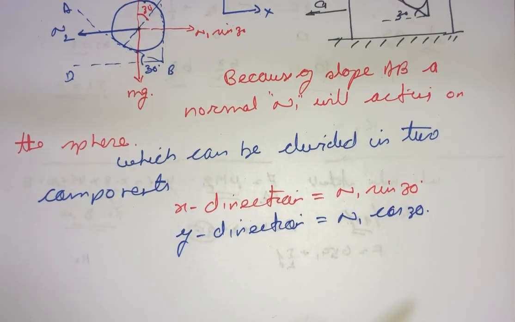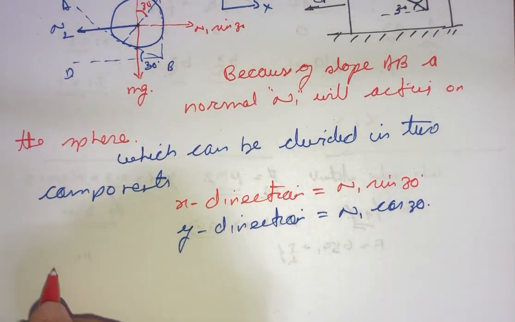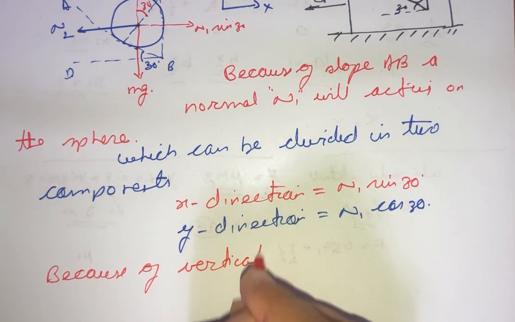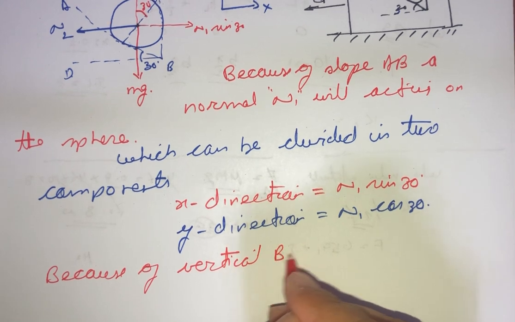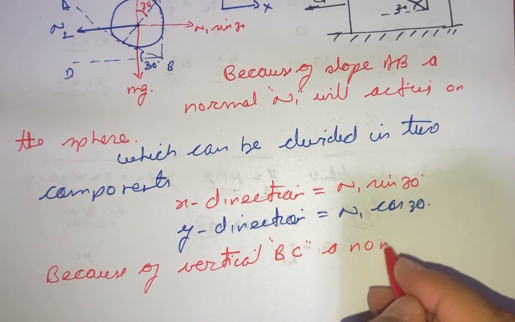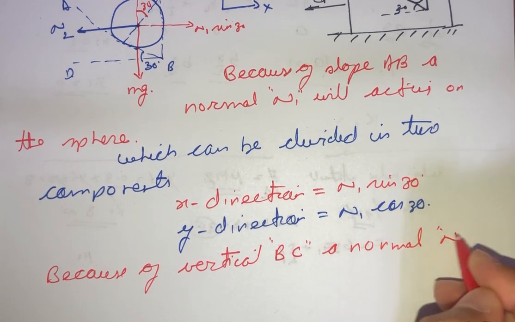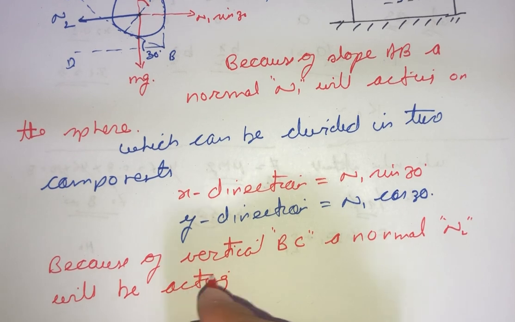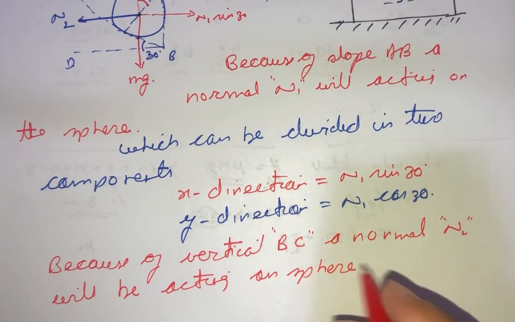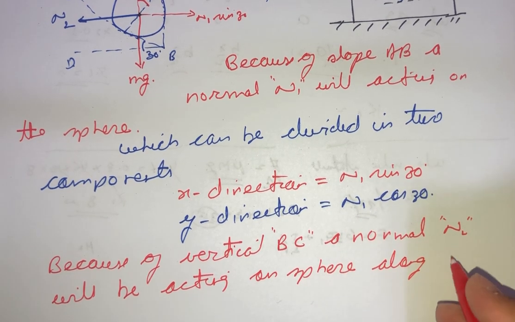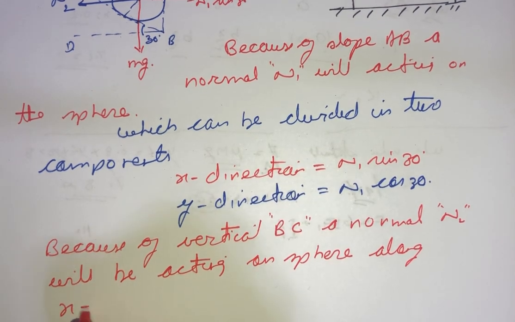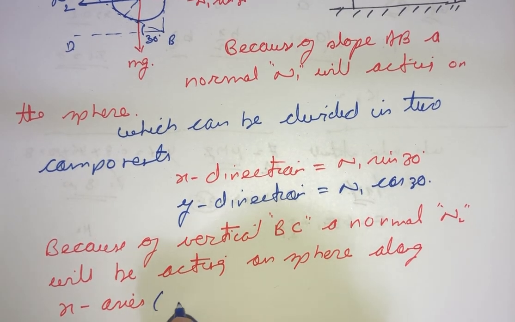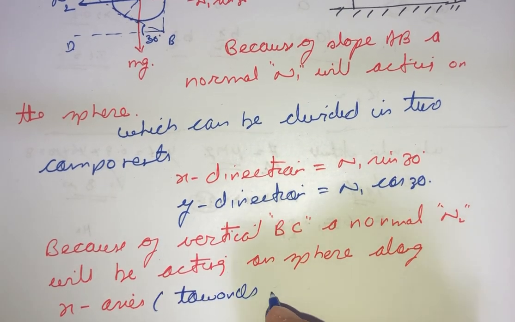Now next, because of this vertical wall BC, a normal N2 will be acting on the sphere along the x-axis, towards left.